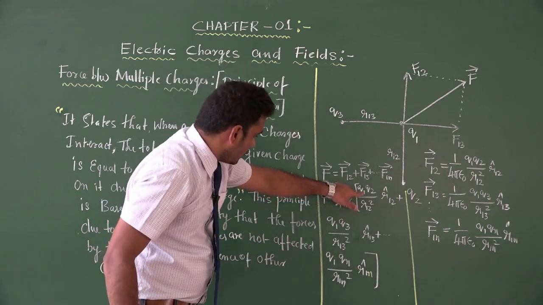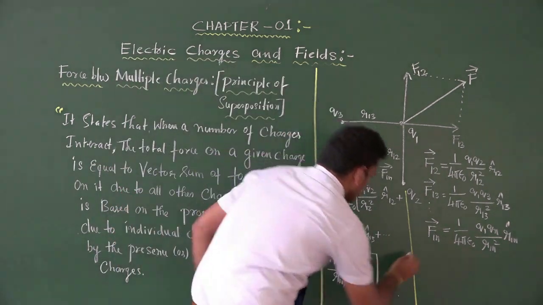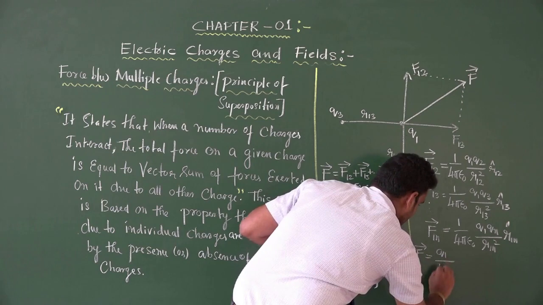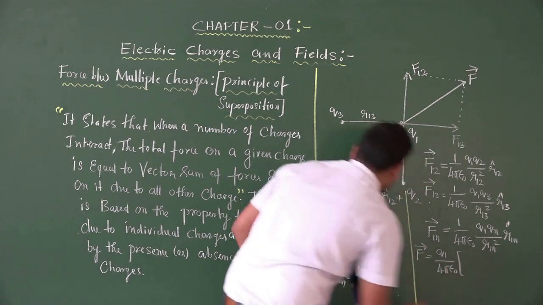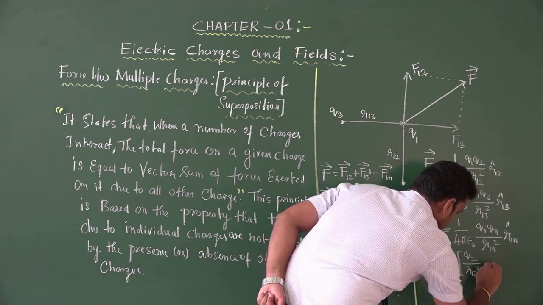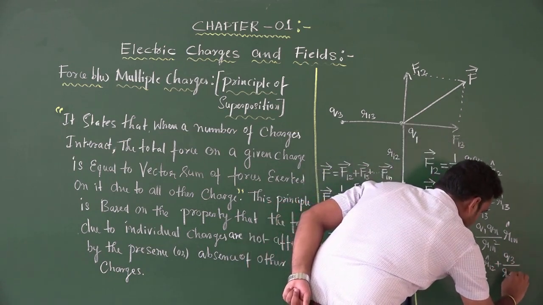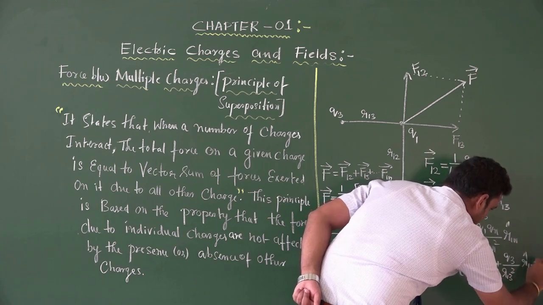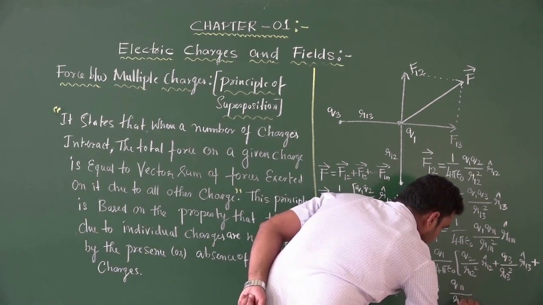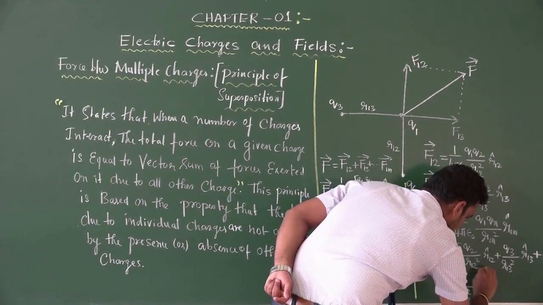Now in this, Q1 is common, you can take it as common. Then F vector is equal to Q1 divided by 4 pi epsilon naught, the remaining thing: Q2 divided by R12 square R cap 12 plus Q3 divided by R13 whole square R cap 13 plus dot dot dot Qn divided by R1n whole square R cap 1n.